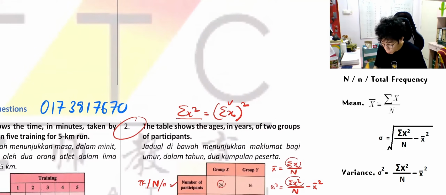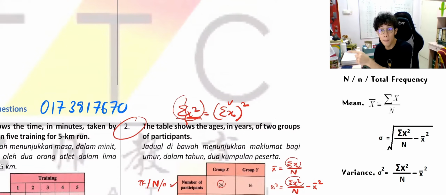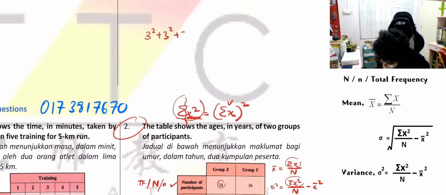The reason being, sigma x squared means I'm going to do x squared first, and then I sum it. I'm going to do x squared first, and then I sum it. This is the meaning.